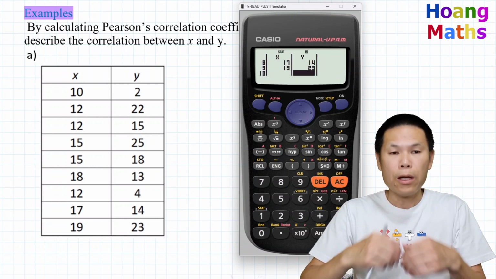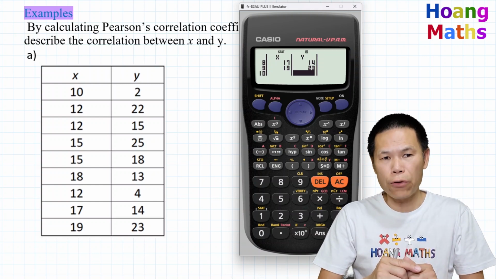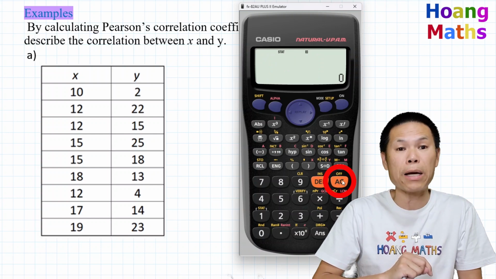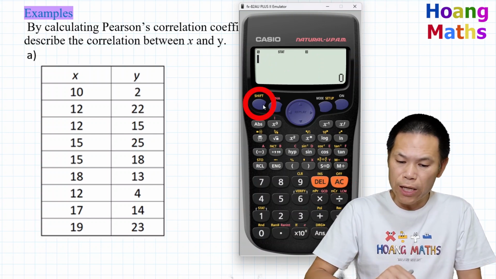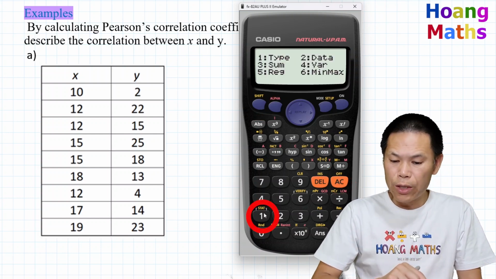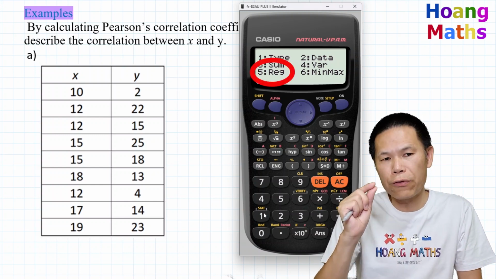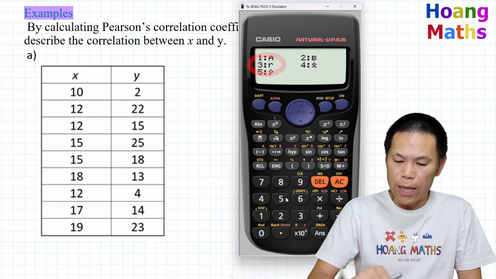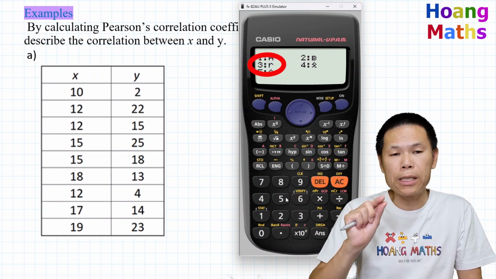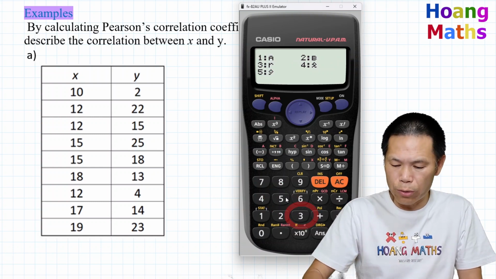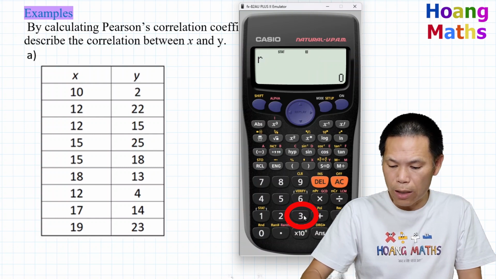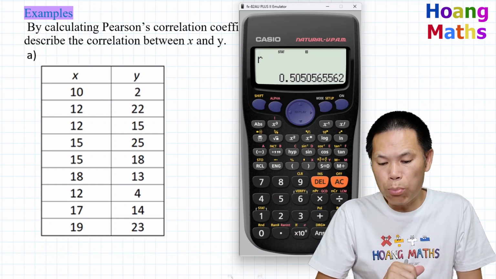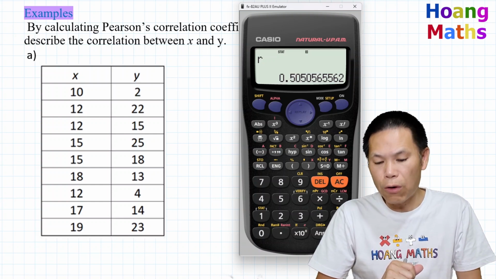So there you go. Now to find the correlation coefficient, we clear the data first. We press the AC button, we press shift, and we press 1. Because the correlation coefficient is on option 5, we press 5 and then option 3, R means correlation coefficient. So we press 3 and don't forget we need to press equal. So there you go, 0.5050 and so on.